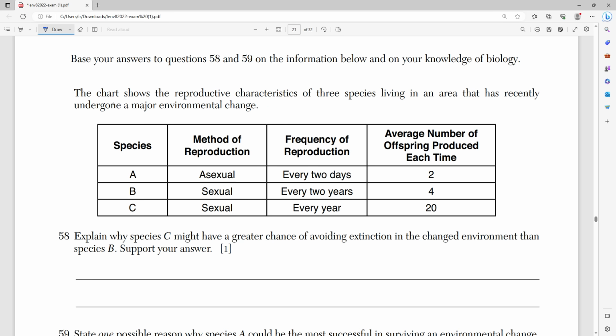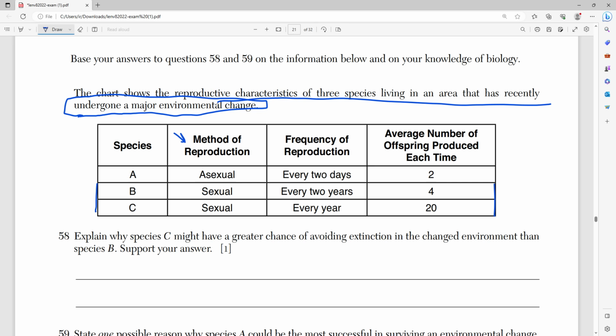It says that the chart shows the reproductive characteristics of 3 species living in an area that has recently undergone a major environmental change, right? So explain why species C might have a greater chance of avoiding extinction in the changed environment than species B. So we're looking at C versus B, right? First thing I want to see is a method of reproduction: sexual, right?